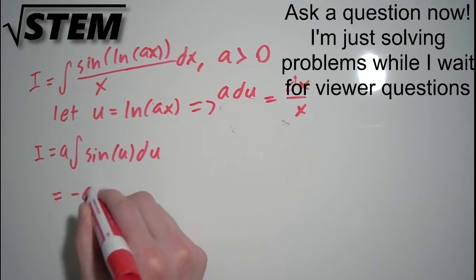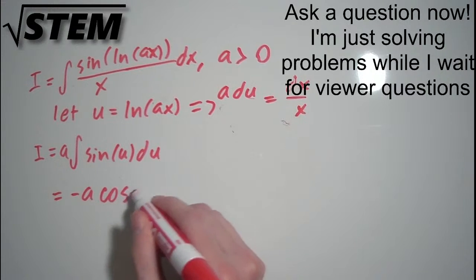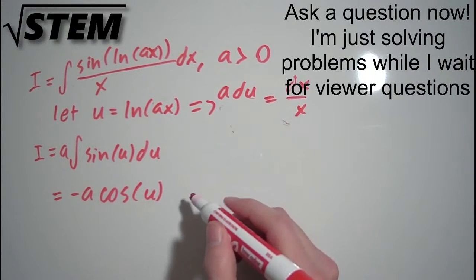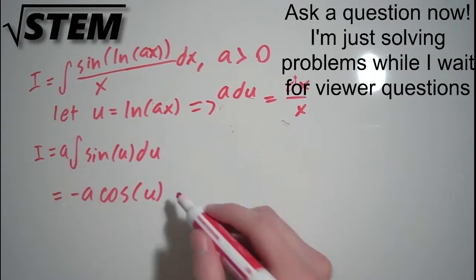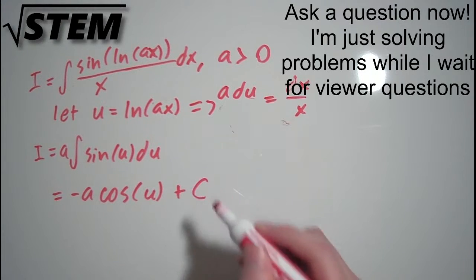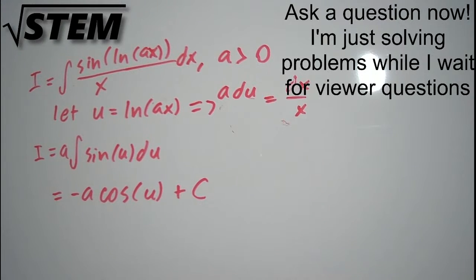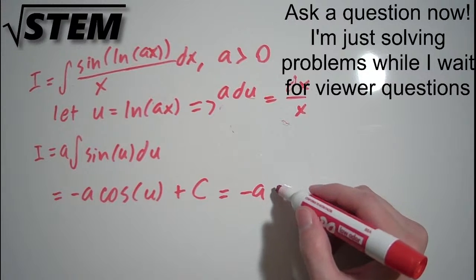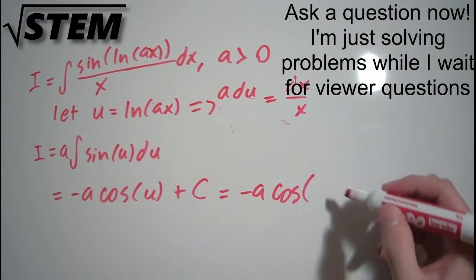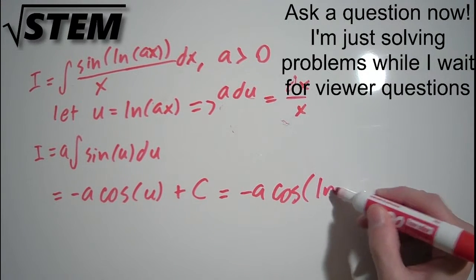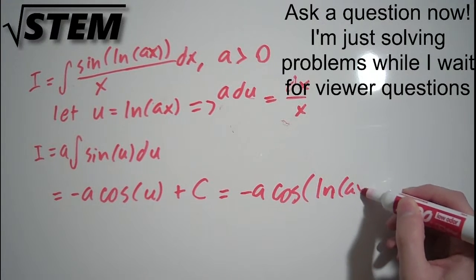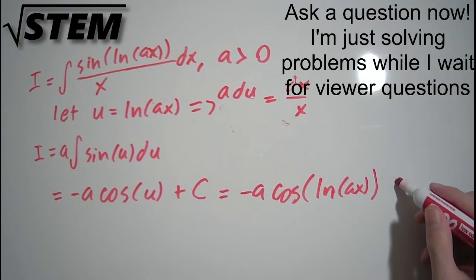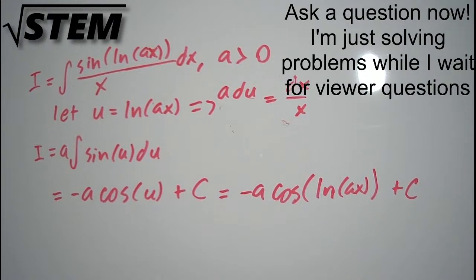That's negative a times the cosine of u, and we just evaluated an indefinite integral, so we get a plus c, and then we'll fill in what our u was. So that's negative a times the cosine of the natural log of a times x, all plus c.